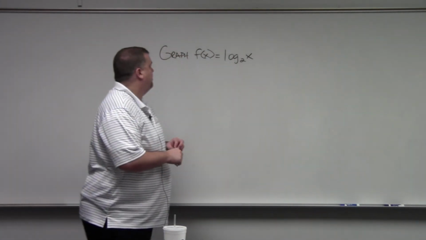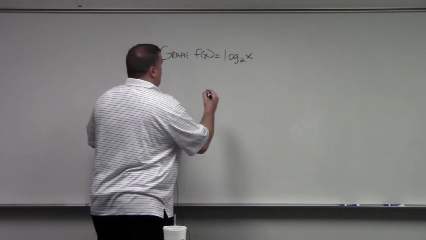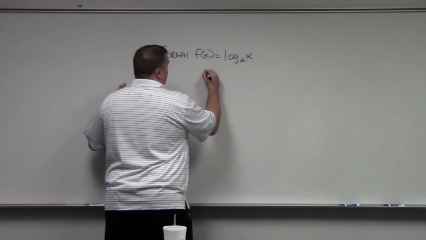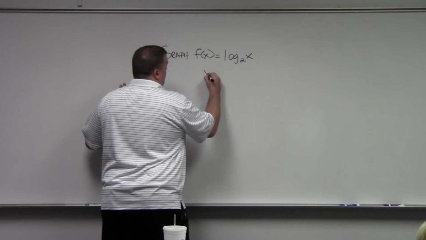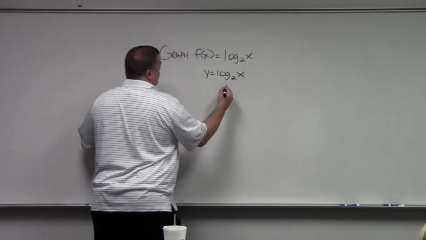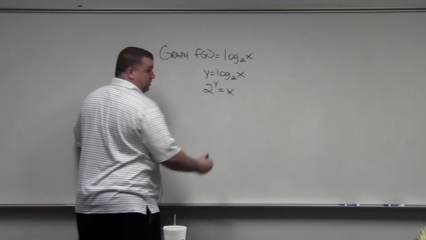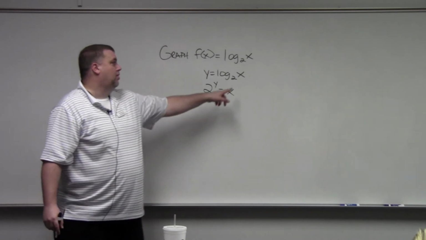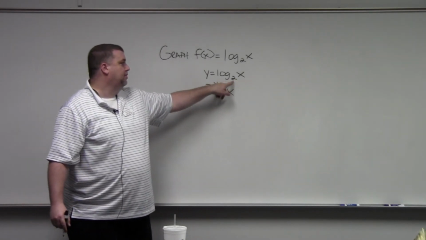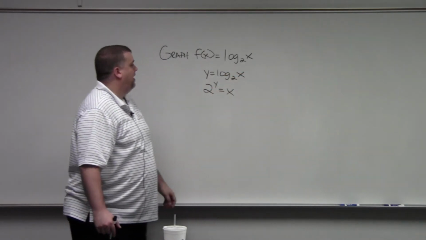So now we're going to graph log base 2 of x. What this really means is y equals log base 2 of x. So 2 to the y equals x. Transferring from logarithmic to exponential, 2 to this power has to equal x.